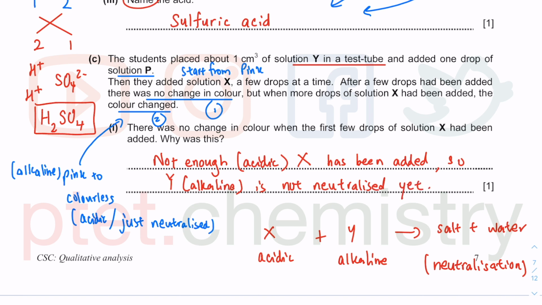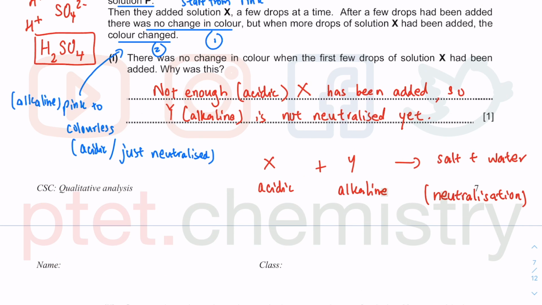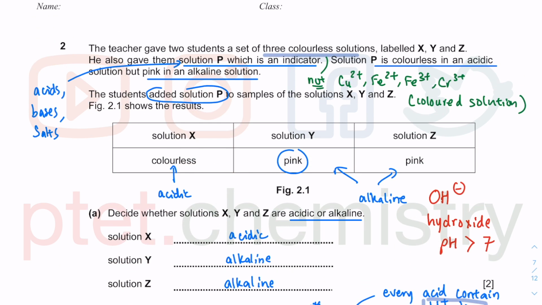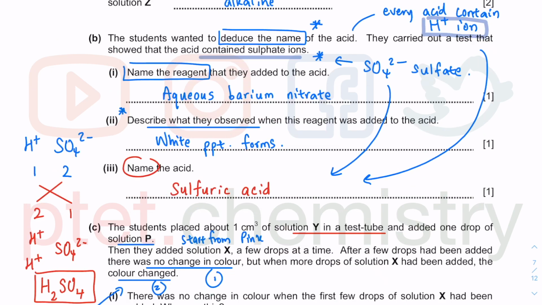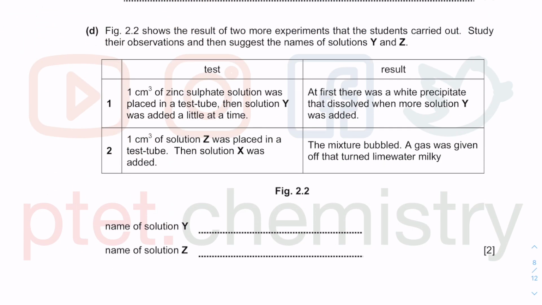It's still pink. But when you go from pink to colorless, that is because there is no more alkali, and all the alkali has been neutralized exactly by the acid from X, and I know it's acidic from the earlier information that we were told in the questions. Information gives you ideas of what to expect, to be honest.